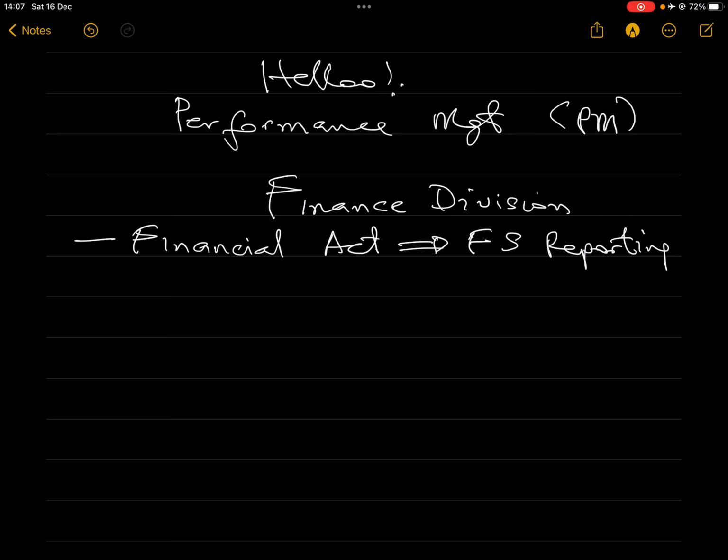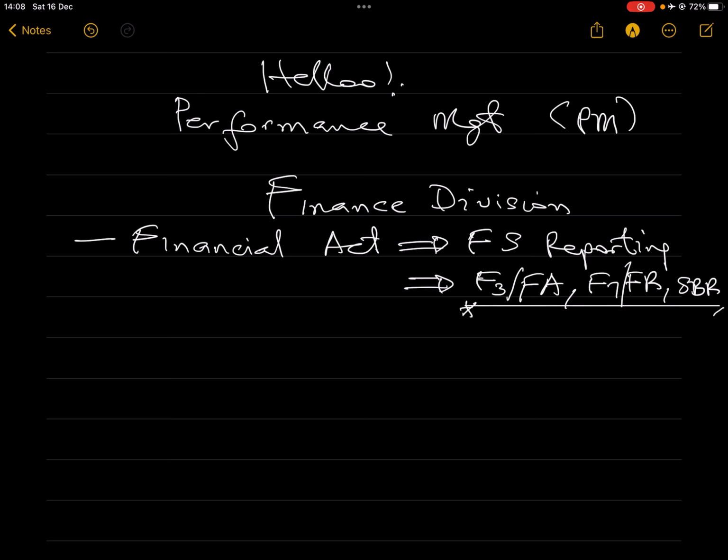In the ACCA, this is paper F3, which used to be called financial accounting. Then you have paper F7, financial reporting, and likewise SBR. Anytime you are writing any of these papers, they fit into the financial accounting space in the finance division.